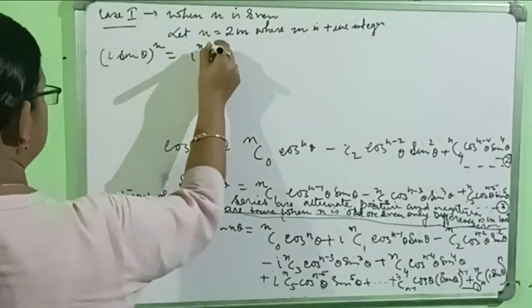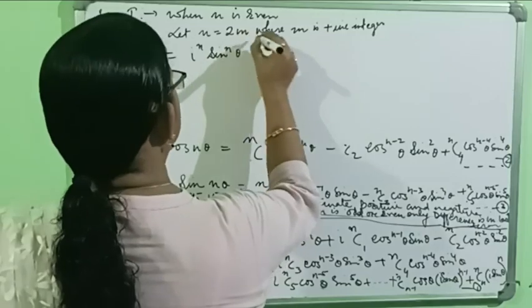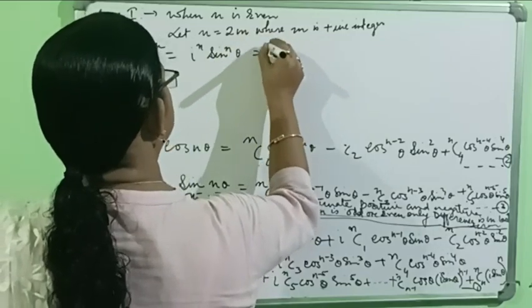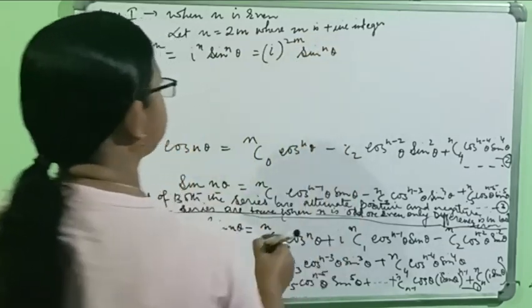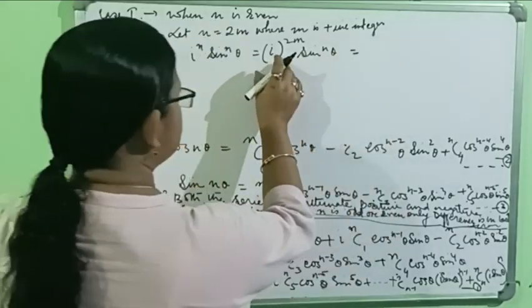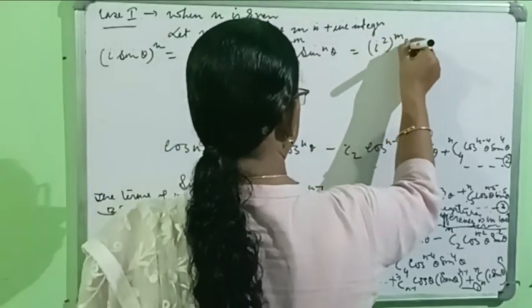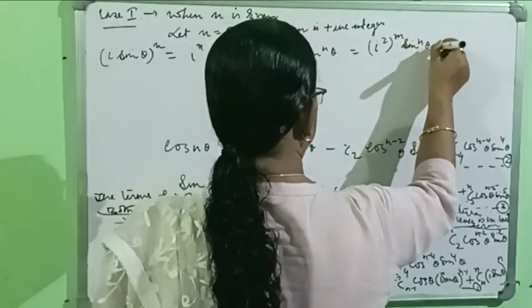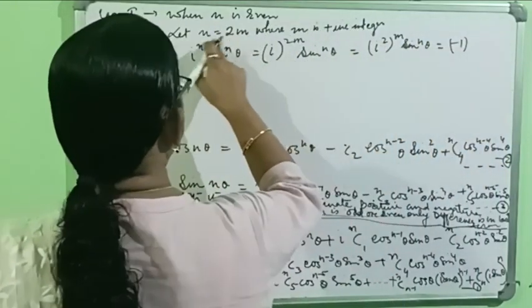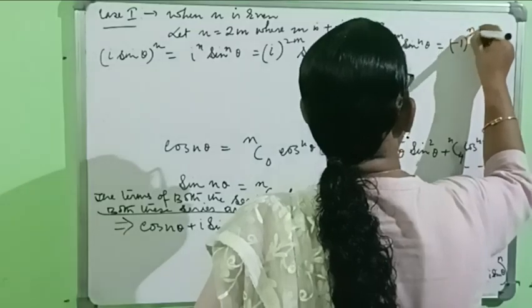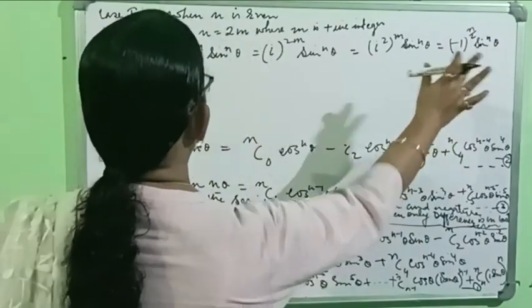Here n is 2m. By the law of indices, i squared is minus 1, and m is n by 2, so it is (minus 1)^(n/2) sin n theta, which is real.